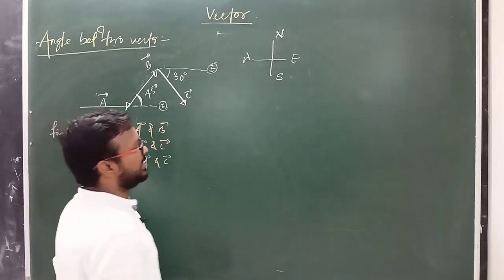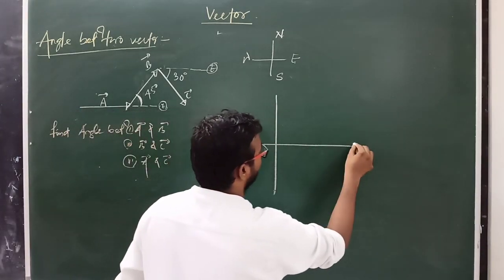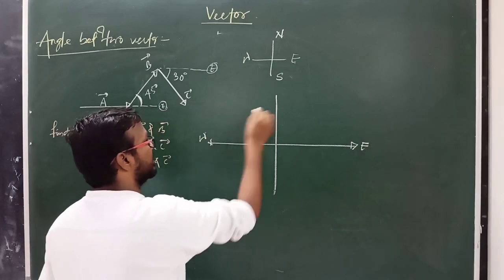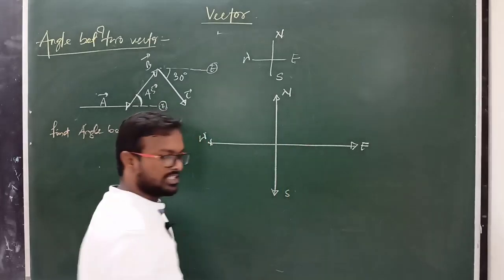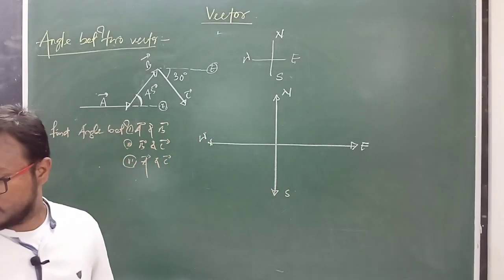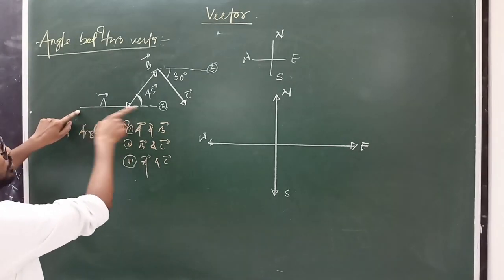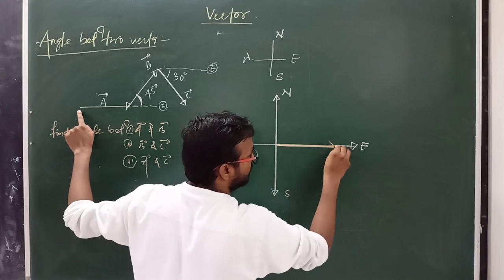So how can we find this? First you have to draw a quadrant system. East, here this is west, north, and this point is south. Clear? Okay. Now look at the diagram. Here A vector is towards east. So this represents A vector towards east.